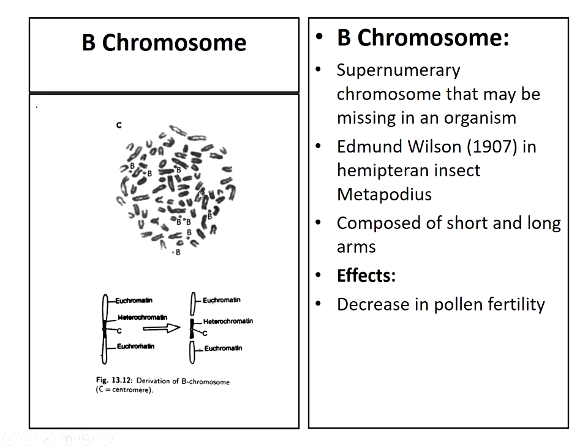In the diagram you are going to observe the short and also the long arm. The long arm is composed of a proximal euchromatic region, which is divided into two parts, and a distal heterochromatic region, which is divided into four parts. So here one region is euchromatic and another is heterochromatic.